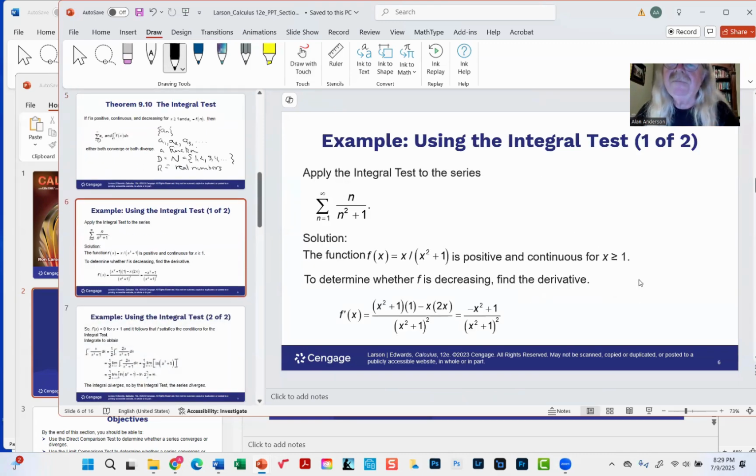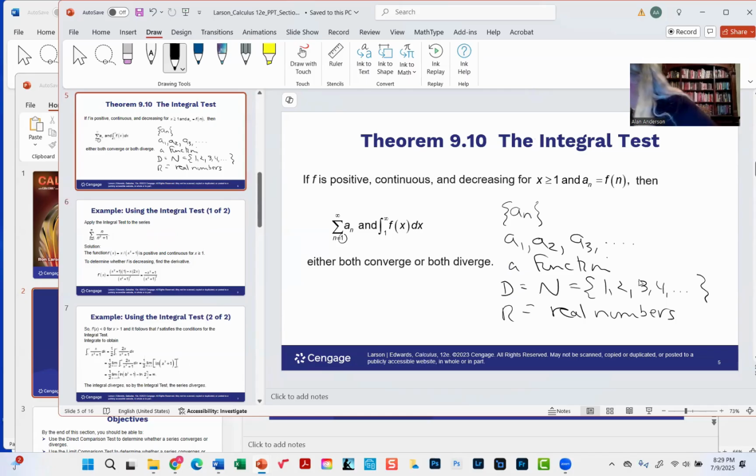Some books use a special symbol for the real numbers, a fancy R.